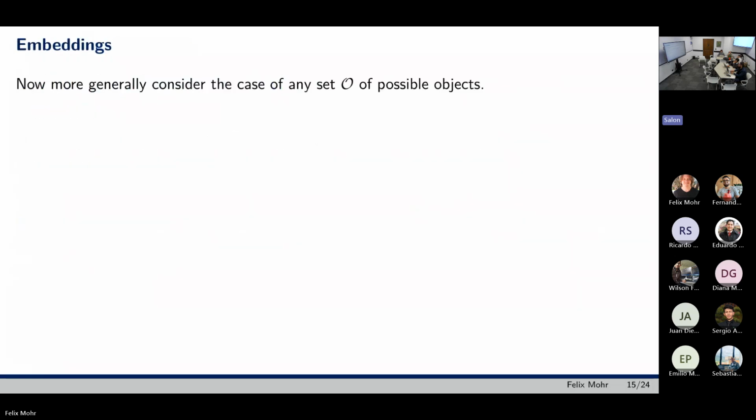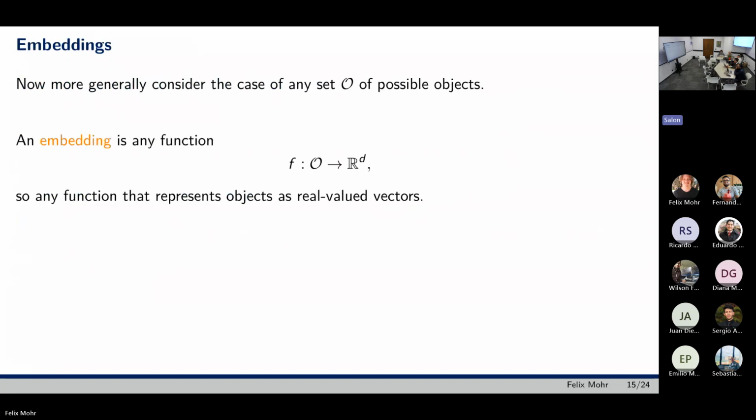Let's say that we have just any set O of possible objects. That can be any set, finite, infinite, structured, whatsoever. So we have some set of things that we want to represent. And an embedding is exactly that: a function that takes any object and maps it into a vector.